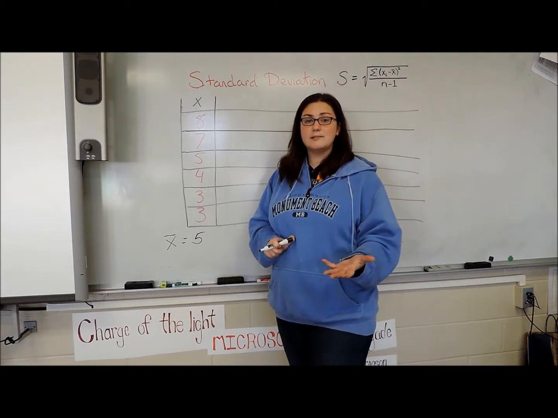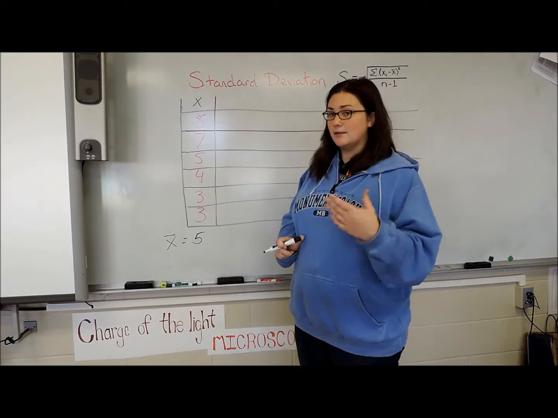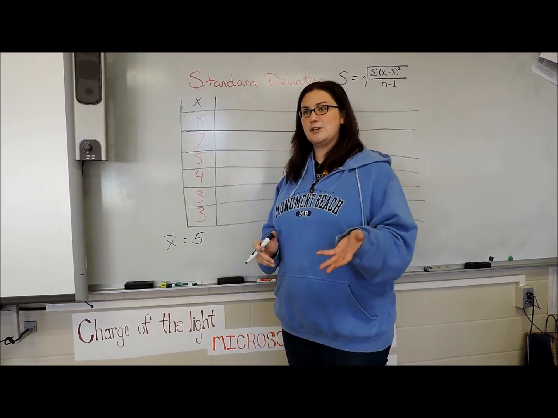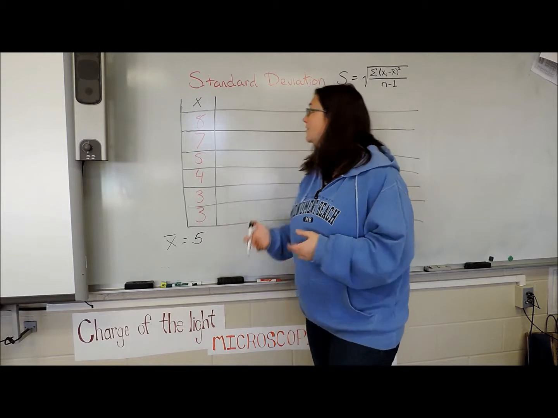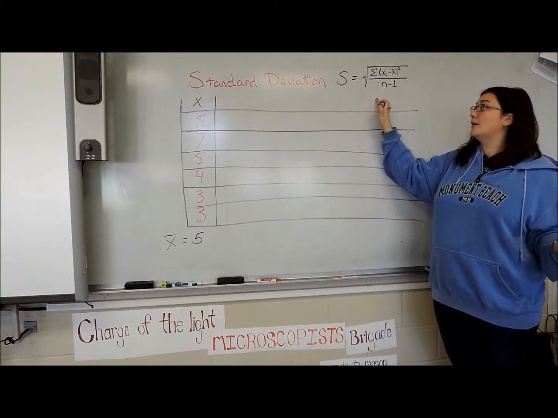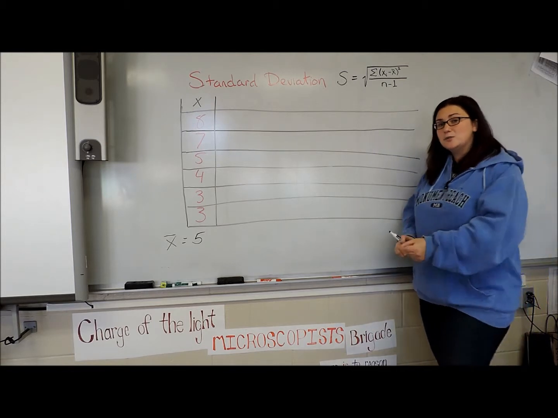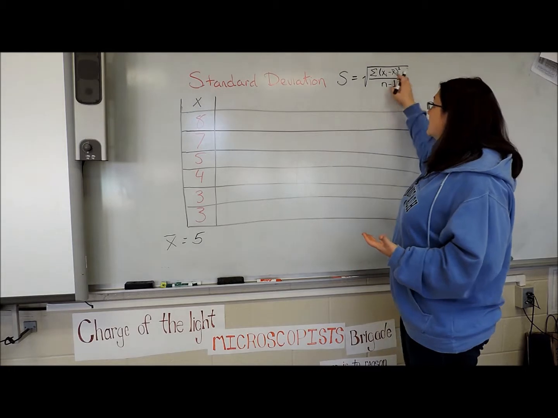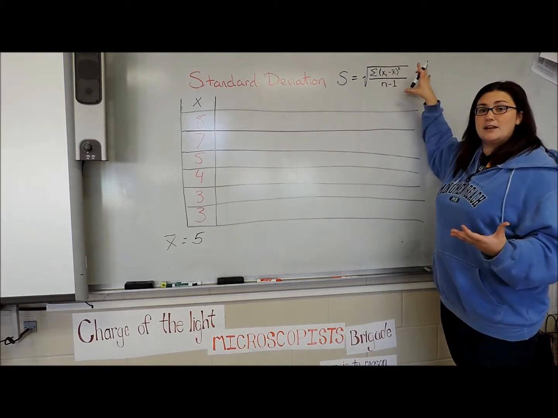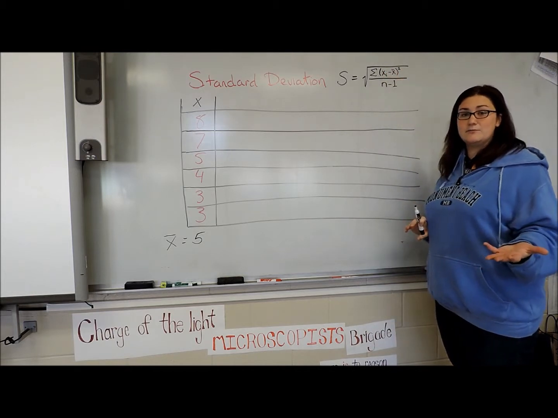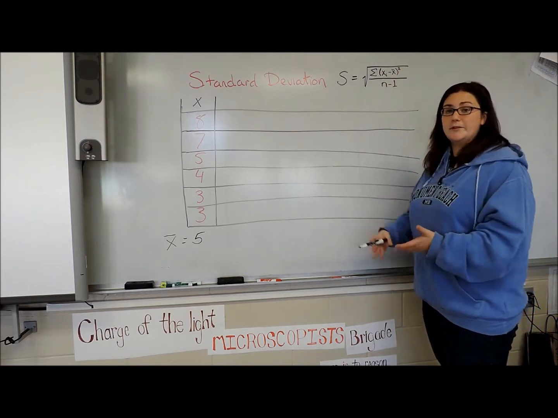The next order of business, if you ever forget, take a look at your equation sheet, because they give you an equation that, like the equation for the mean, looks kind of daunting. All right? It looks like there's a lot going on. But if we break it down, it actually clues you into every step you're supposed to take. What we're going to do is work our way from the inside to the outside. We want to take these smaller pieces on the inside first because they're easier, and then build on them.